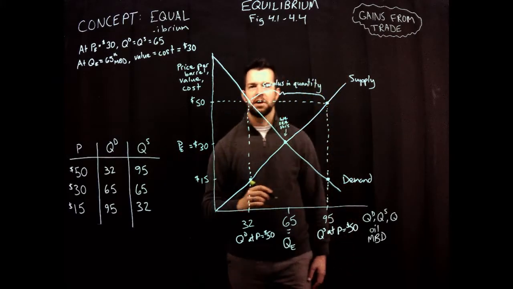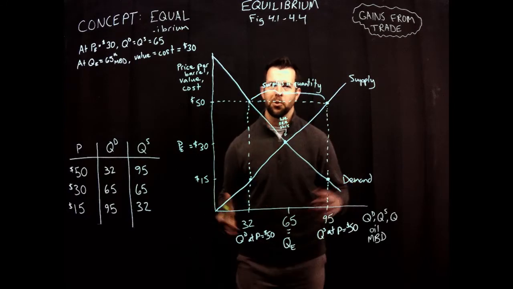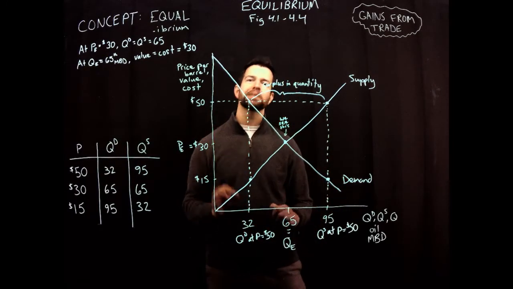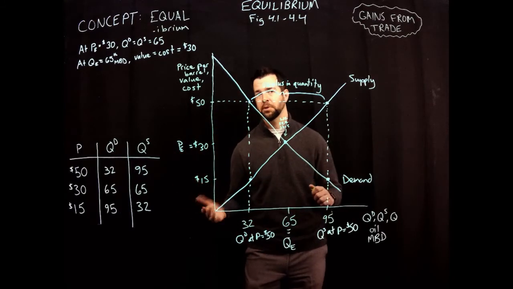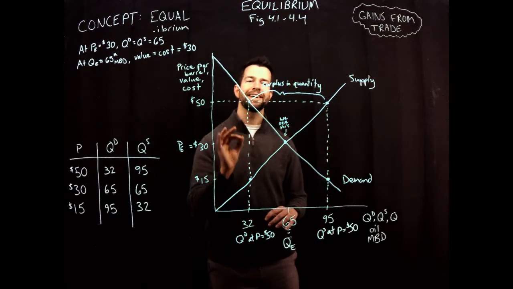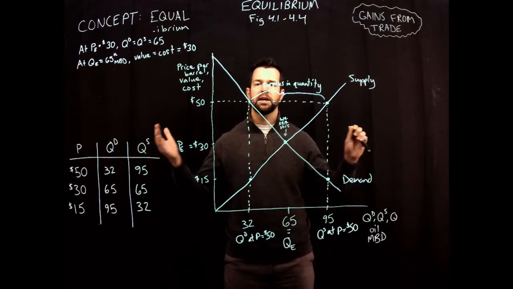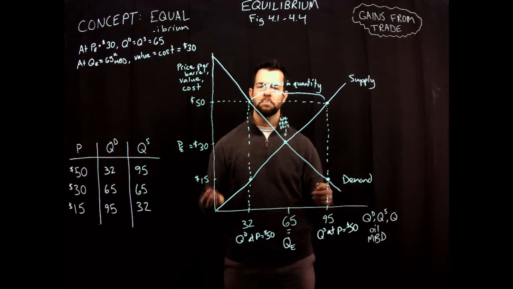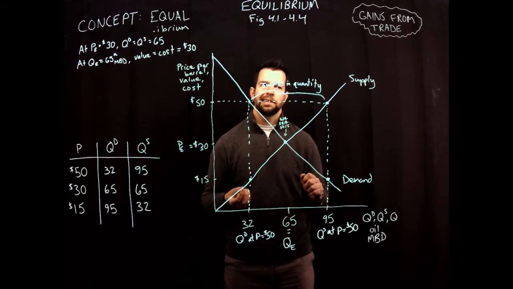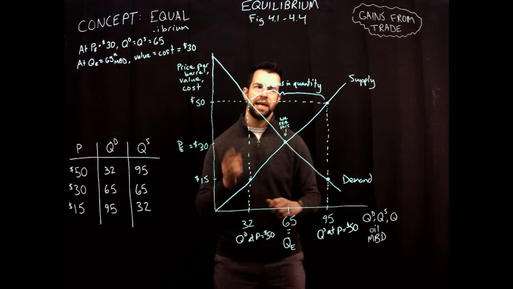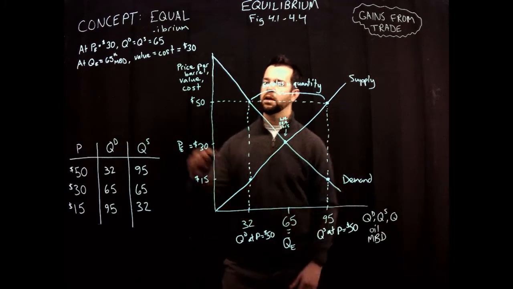Economists are very efficient. We like to use the same word for multiple meanings. So this surplus is not a surplus in dollar terms like when we covered consumer surplus and producer surplus. It's a surplus in quantity. So how do we get from here to the equilibrium? You might think this is just a tug of war between buyers and sellers, but it's actually sellers that are going to compete here.